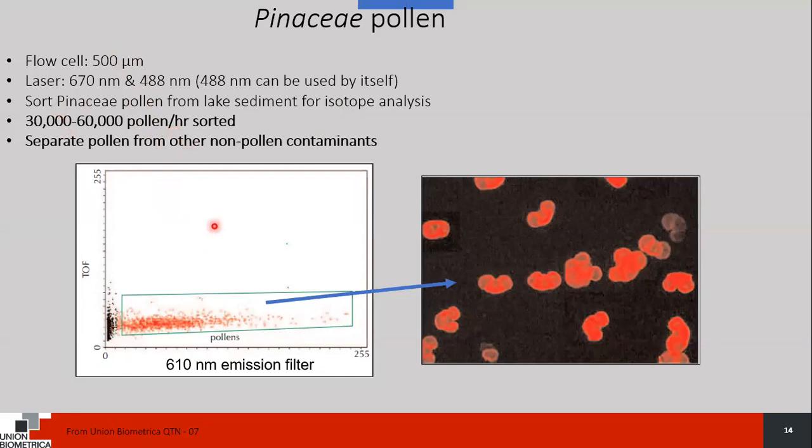And in this experiment, we were able to sort out 30,000 to 60,000, depending on the sample that we were working with at the time, 30,000 to 60,000 pollen per hour to use in carbon-14 isotope analysis for carbon dating.